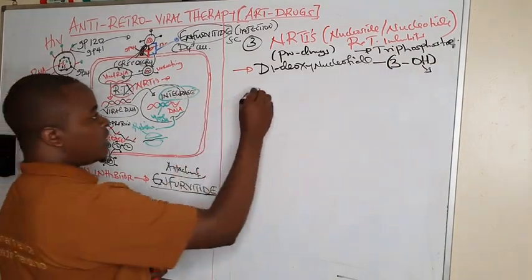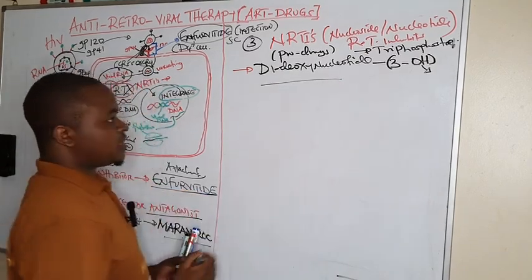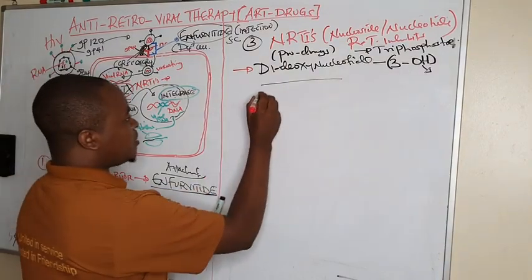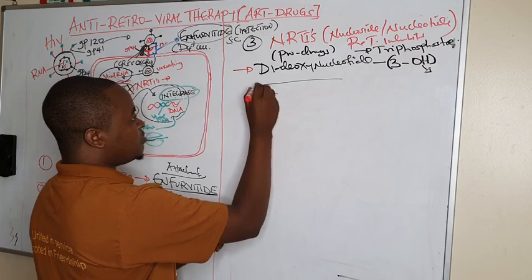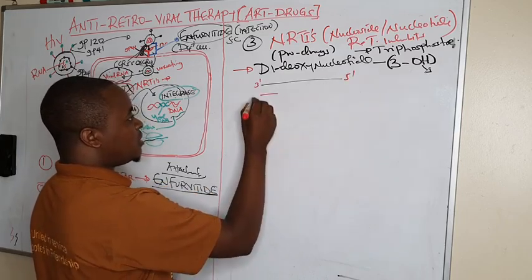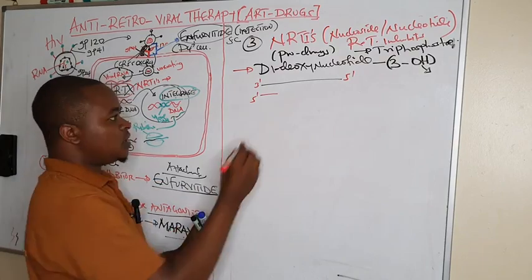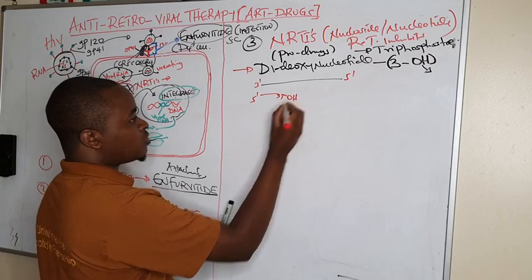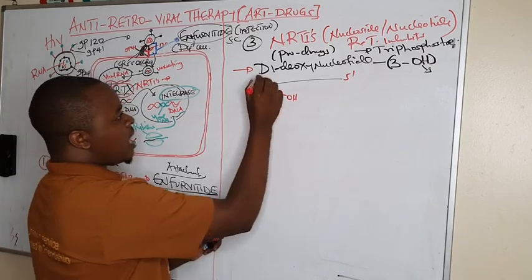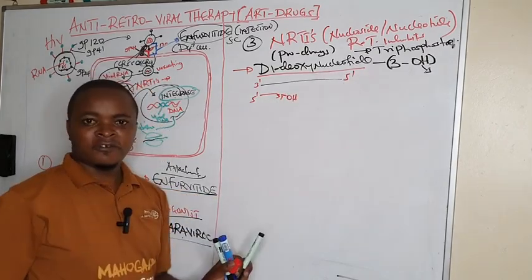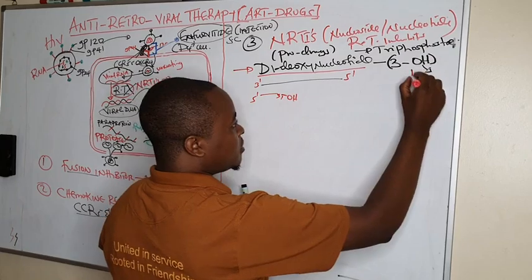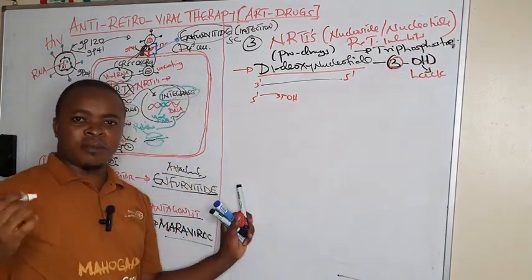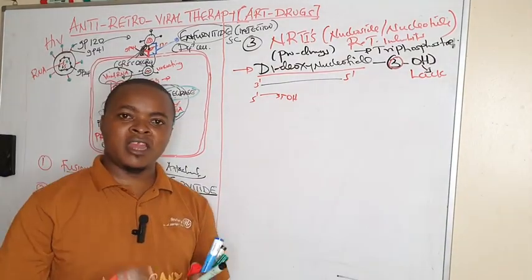So if I have the DNA, this is the template strand, and I have another strand which I'm synthesizing, coming from the 5' end toward the 3' end. At the 3' end, there is always a hydroxyl group. But dideoxynucleotides lack this OH group at carbon number 3, where DNA polymerase can continue to add complementary nucleotide bases.